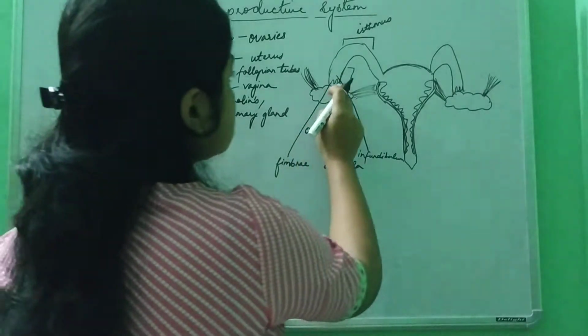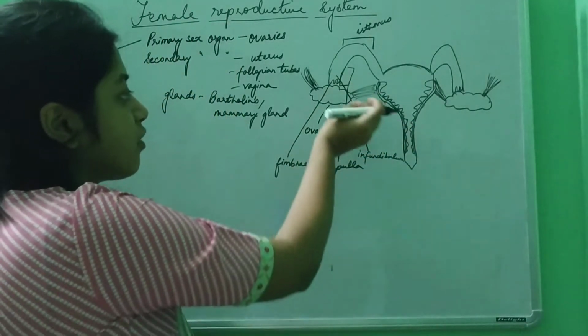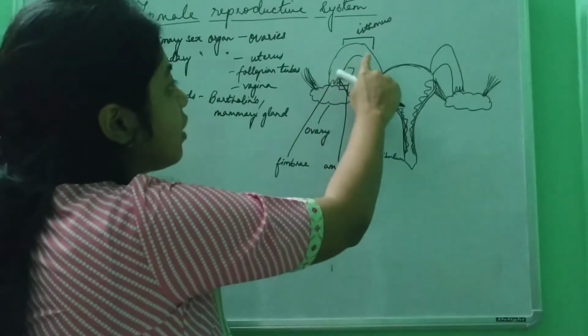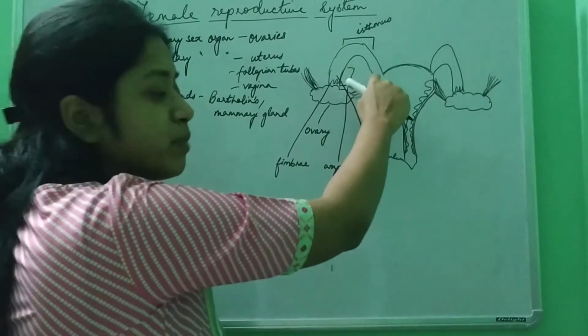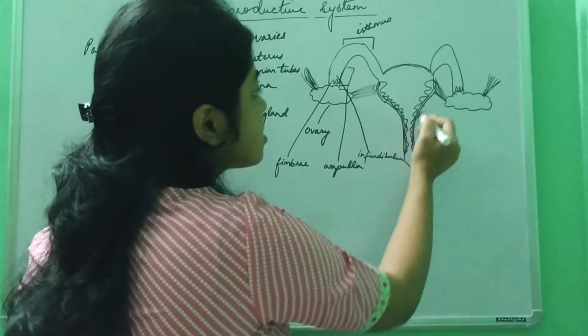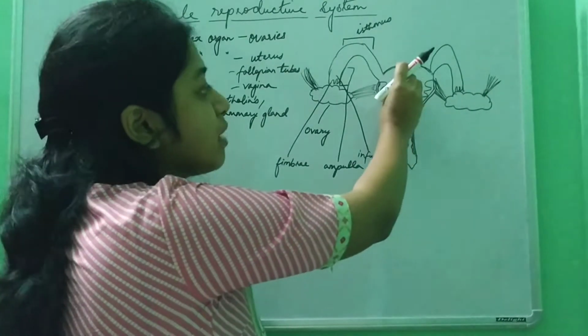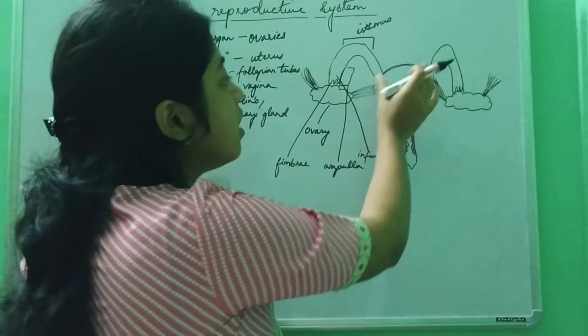Okay. The egg will first be formed in the ovary. It will go to the fallopian tube. It will cross the fallopian tube and enter this structure, which is the uterus. This is where the implantation will occur. So this is the uterus part.